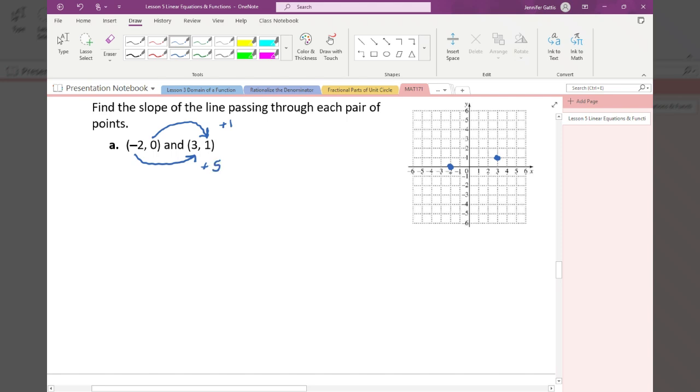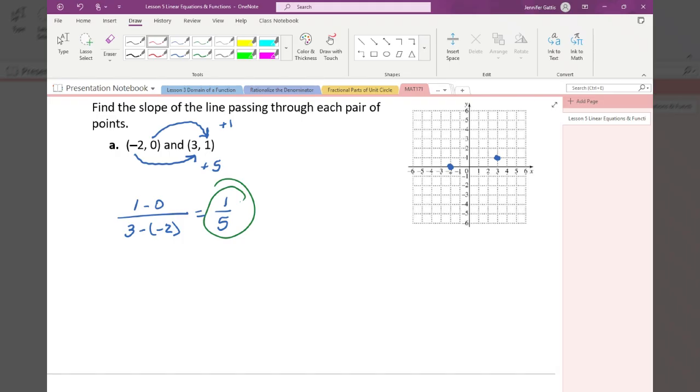Well, let's look at the formula now, where we would have 1 minus 0 over 3 minus -2, which is the same as 1 over 5. And that, my friends, is our slope.